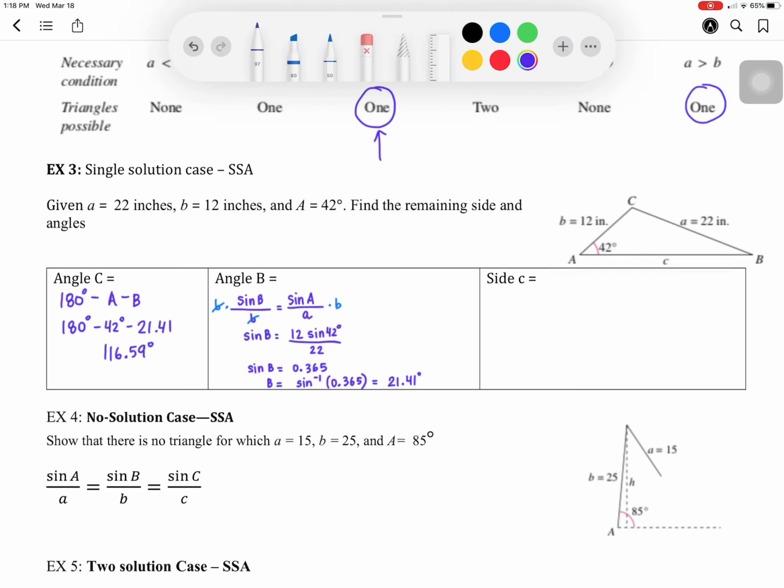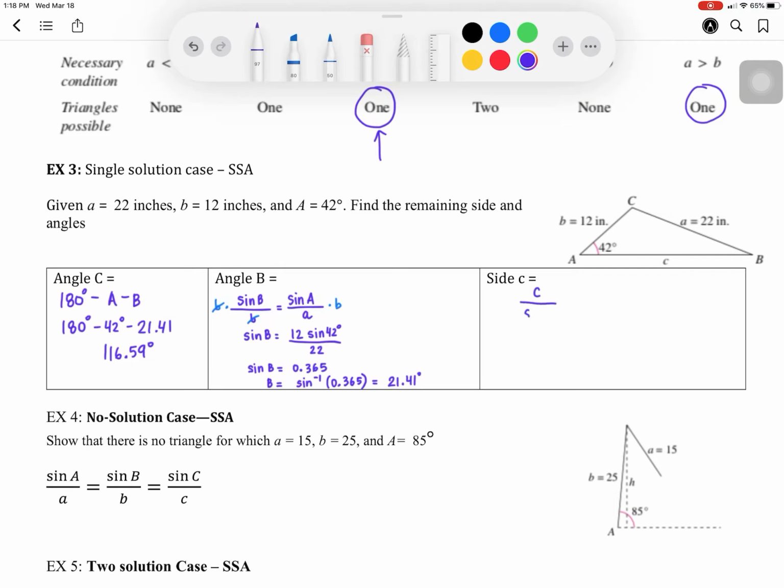Okay, so now we have side C to go. Again, we're going to use the law of sines because this is not a right triangle. You can't use the Pythagorean theorem for this. And because I want to solve for side C, I'm going to set it up in a way so that side C is in the numerator.